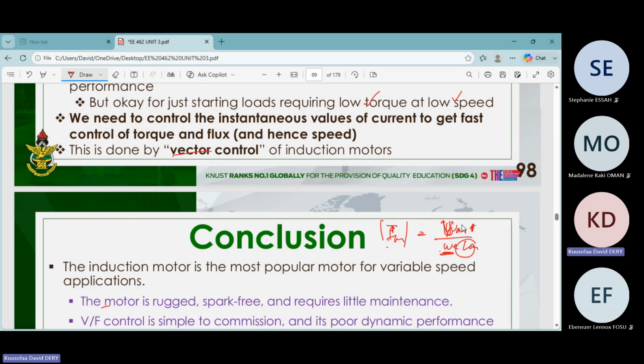We've made some approximations. For high speed applications, VM is almost the same as the supply voltage.